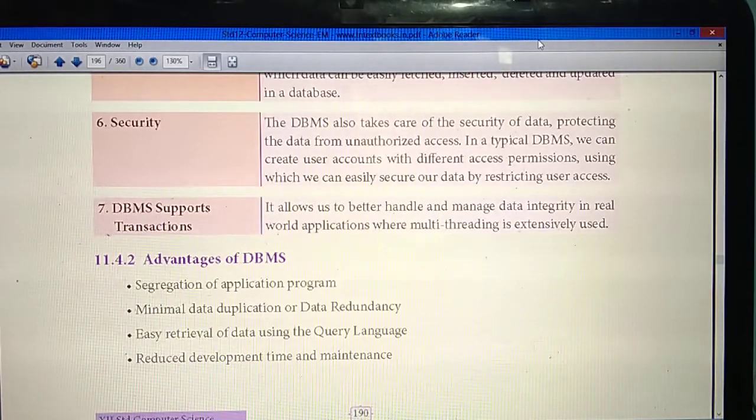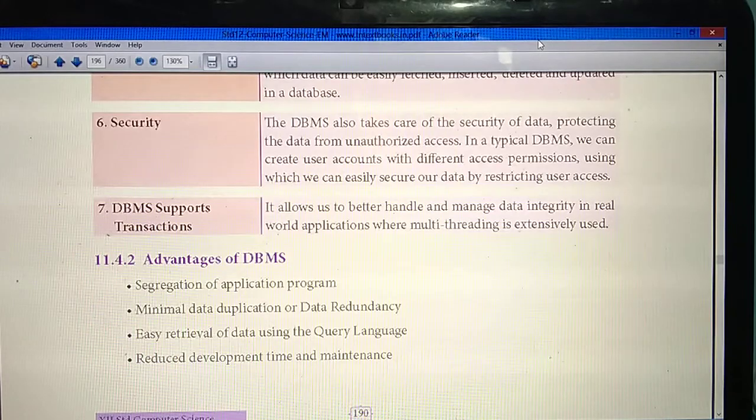Okay. So for example, say the name of the database is 12. Inside the 12th database, separate tables will be there for 12A, 12B, 12C, 12D, 12E. At the same time, 12A students are accessing 12A class details, 12B students are accessing 12B, 12C students are accessing 12C.